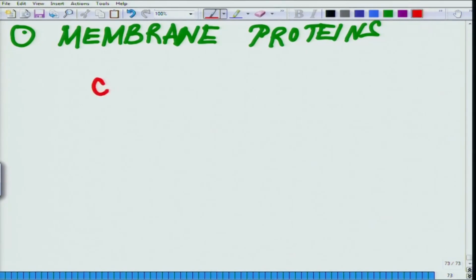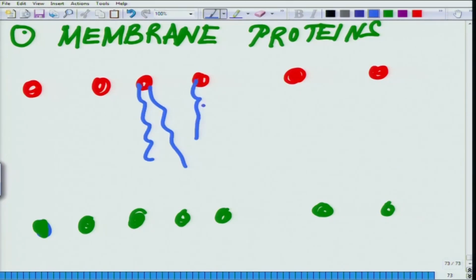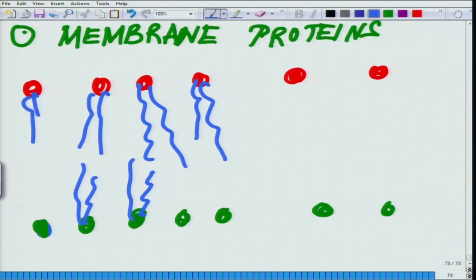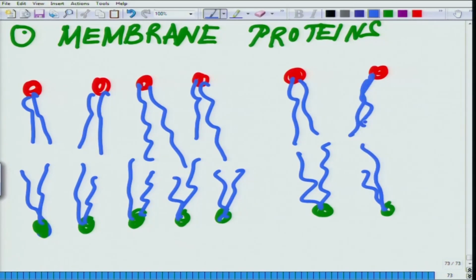Okay. So, let me again redraw the membrane. So, the proteins I will draw in black to give you an understanding.